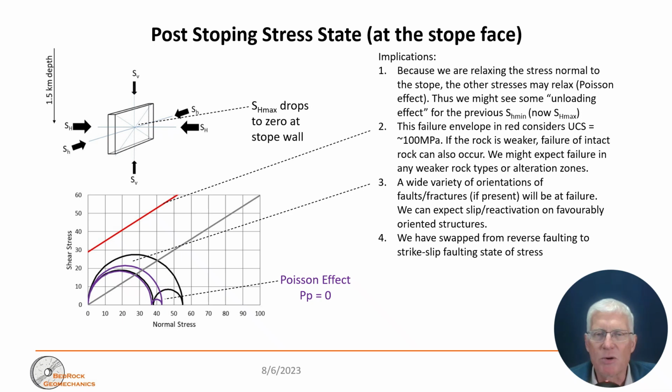And perhaps the most important thing is we have now swapped from a reverse faulting state of stress to a strike slip faulting state of stress, because the vertical stress is now the intermediate principal stress. It's quite close to the most compressive horizontal stress, which is now parallel to the stope, or if we're talking about Yilgarn, where the ore deposits are typically north-south, the north-south state of stress has now become the most compressive one, and it's a big change from the east-west state of stress being the biggest one.